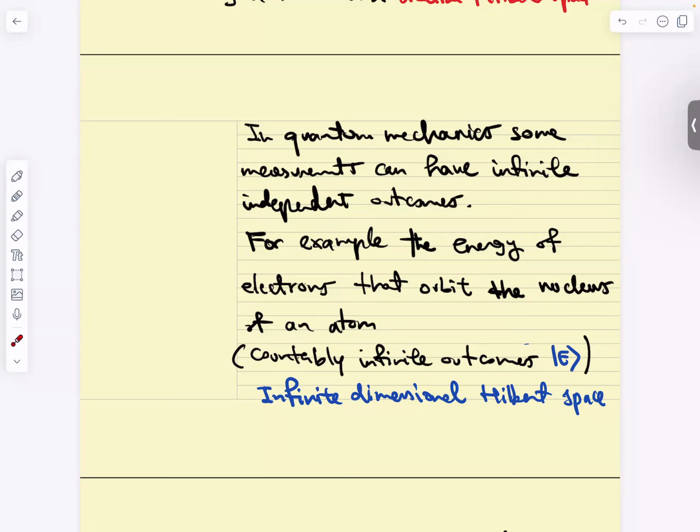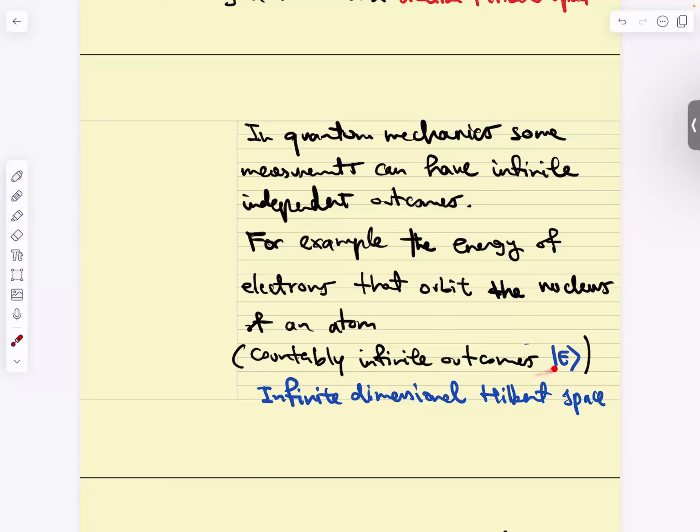You've learned about, hopefully in your undergraduate quantum mechanics, the orbitals and how the electron that orbits a proton, the nucleus of a hydrogen atom, will take discrete, quantized values of energy, parameterized by a positive integer that runs from 1, 2, 3, 4, all the way to infinity.